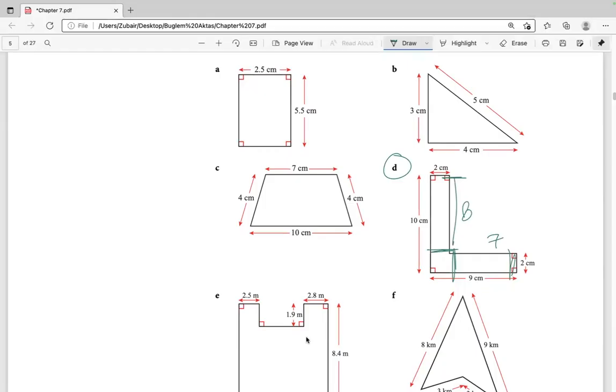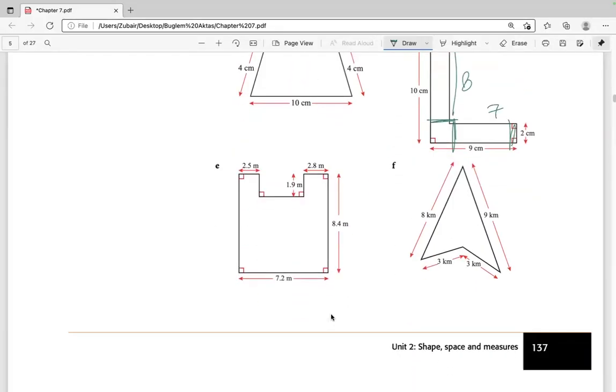Okay, let me just ask you the missing sides. What is this length? 8.4. 8.4. And this? 1.9. 1.9. And this length.